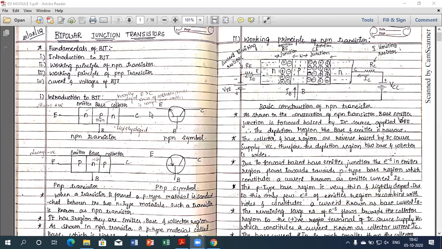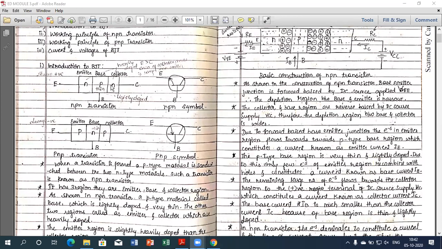In the fundamentals of BJT, the first topic we have discussed is the introduction to BJT. In that we have discussed what an NPN transistor is and how it is constructed, which three currents flow through the transistor, and how many regions there are in that transistor.